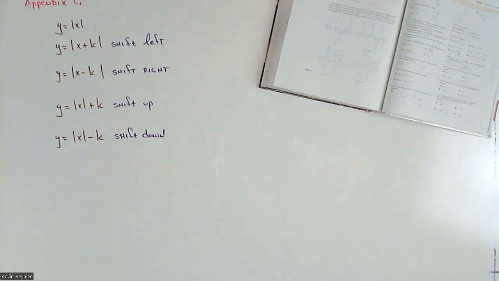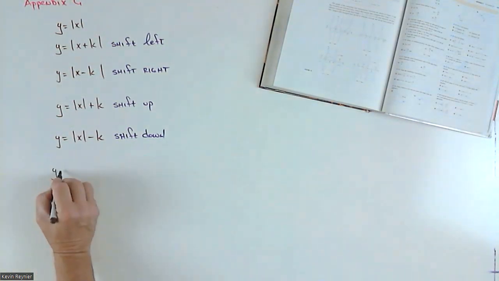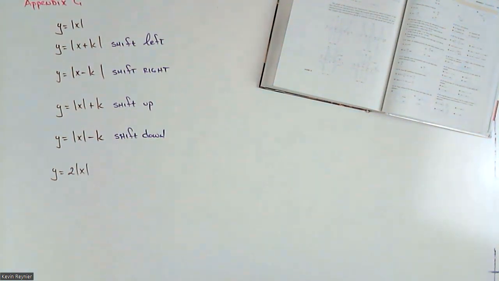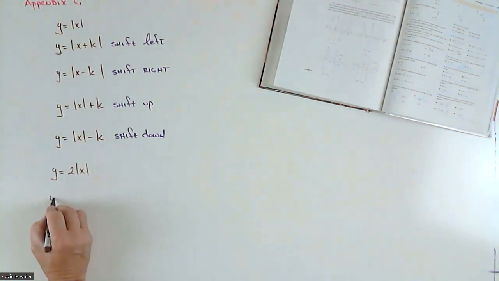Now, what else can happen? Well, we can multiply by a number on the outside. We can divide by a number on the outside.